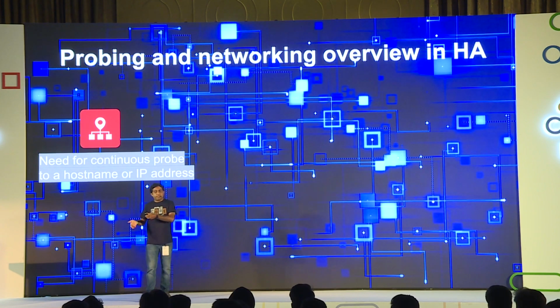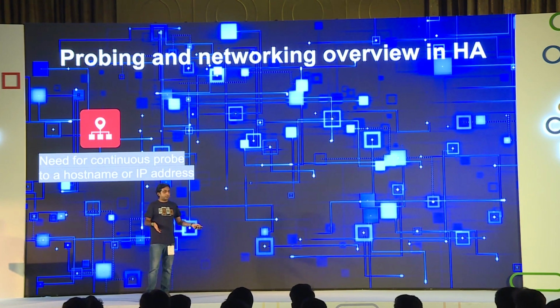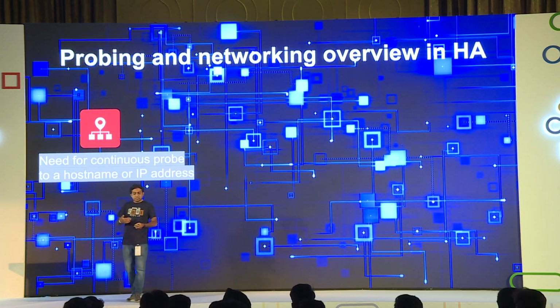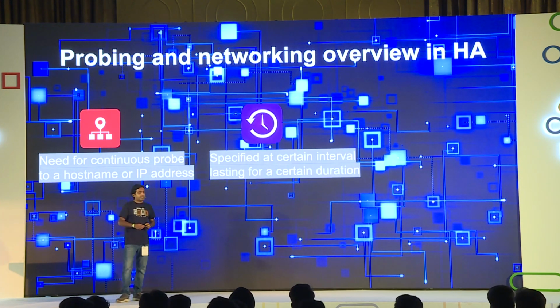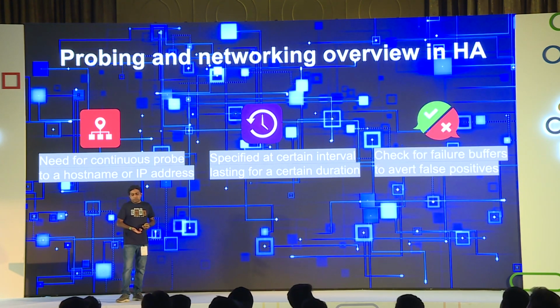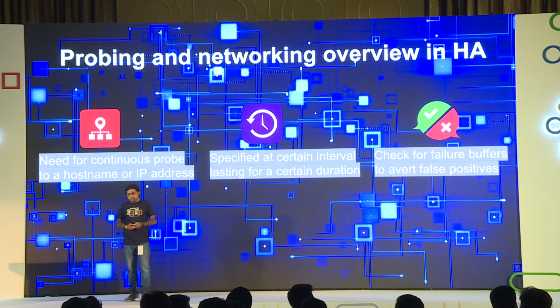The other system may have a network issue. System 1 could possibly be having some sort of network problem. So this is a continuous probe to a specified host name or IP. It can be at specified intervals, just like the heartbeat, and it also checks for the failure buffers and all the other thresholds.